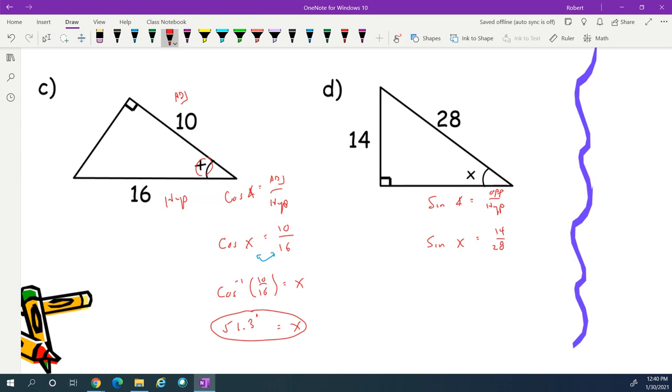This already looks familiar if we remember some of our other triangle rules, where sometimes the hypotenuse is 2 times a certain leg. And we find out that this is a 30-degree angle.